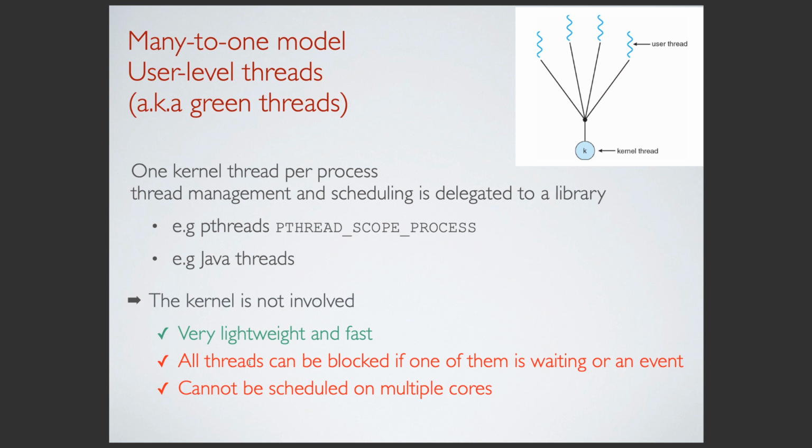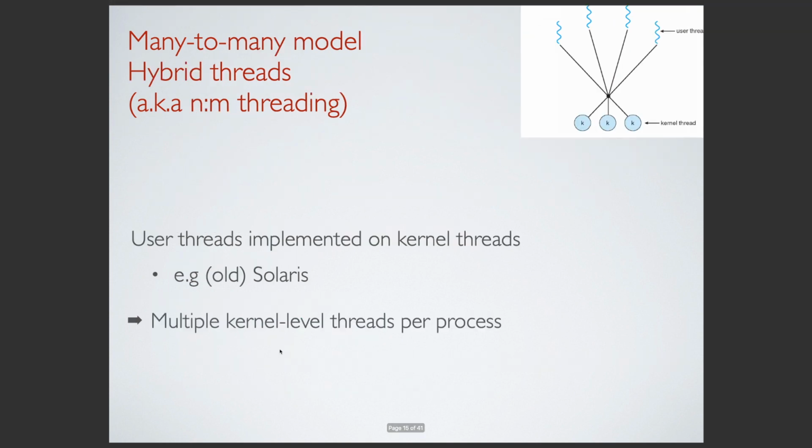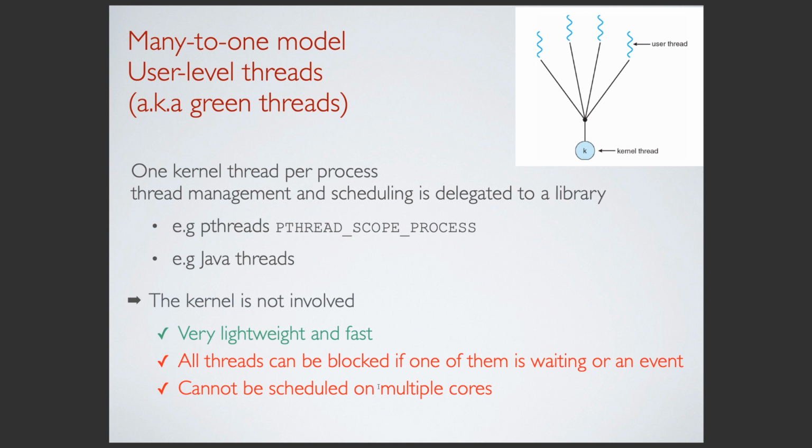And if it does that, all of them are blocked. So in the drawings, if this one is blocked because we are doing an I/O and we yield the scheduling, well, this might be blocked. It depends how you manage it, but most of the time it can happen. And also, you cannot schedule it on multiple cores, because this is actually what's going to be scheduled on the core, not this stuff. This stuff is something you are doing artificially.